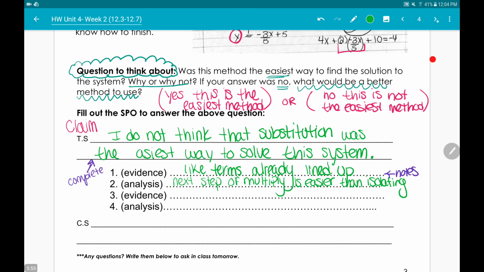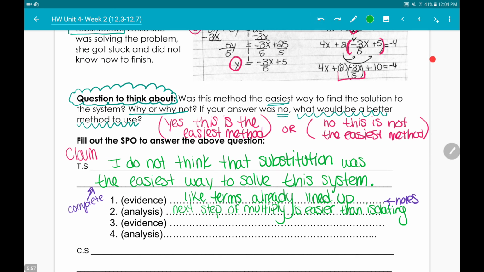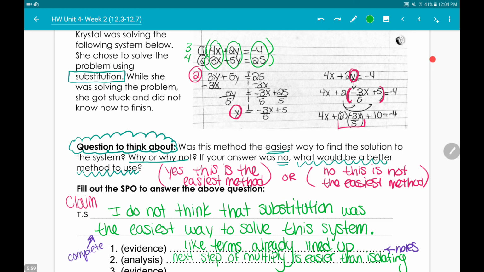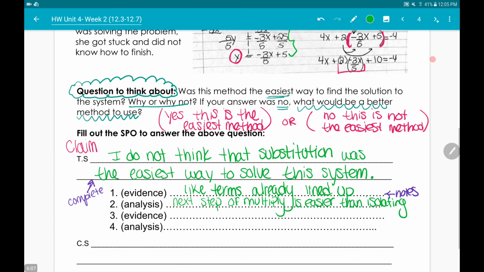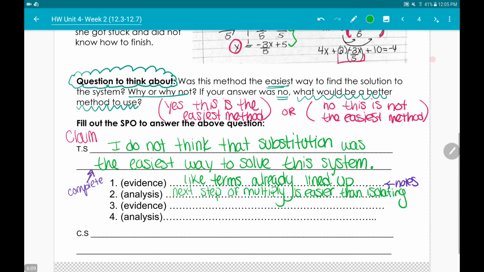Okay, it's a long note, but it's not a complete sentence, so we got to make sure if we were writing this paragraph. Because I think this part, this isolation part, would have been really difficult with these fractions. So I think that the multiplying would be easier than isolating.